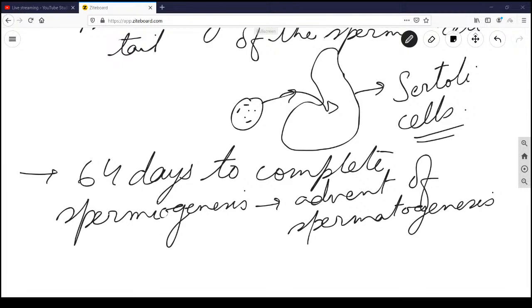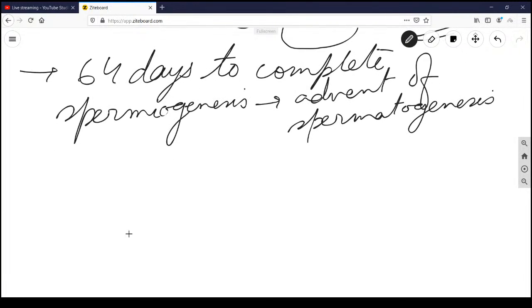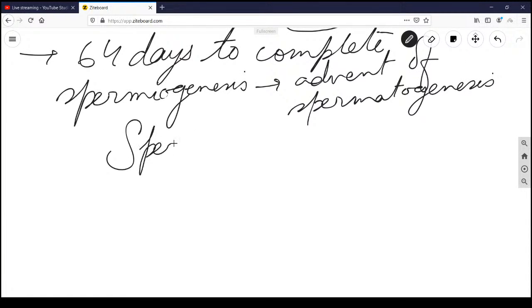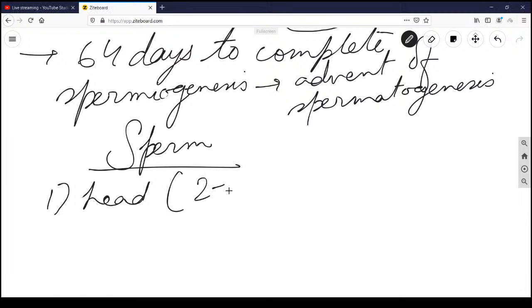Okay, so now the sperm or spermatozoon contains the following. It will contain a head, which is 2 to 3 micrometer wide and 4 to 5 micrometer long.